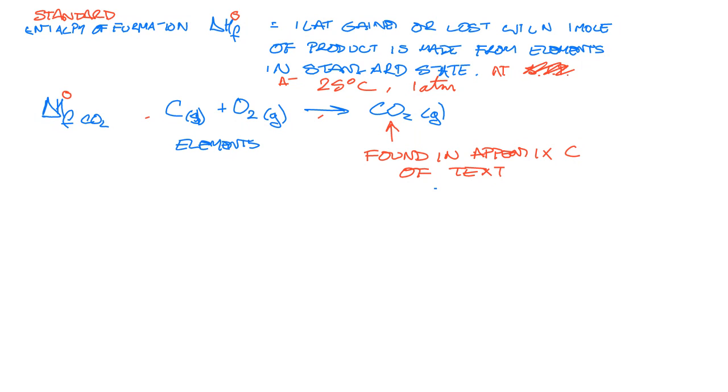So if A plus B makes C plus D, then the enthalpy change of reaction under standard conditions is this threatening math-looking symbol, which is a sigma, and it just means sum.